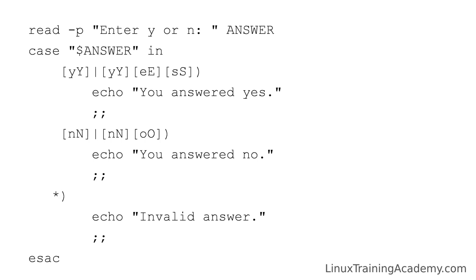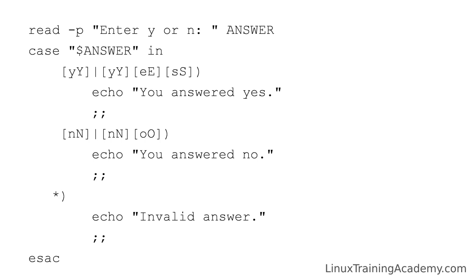The first character class in this example is lowercase y and uppercase Y. So if the user entered a lowercase or an uppercase y, the first pattern will match, and then "You answered yes" will be echoed to the screen. Also, if the user entered YES using any combination of upper or lowercase letters, the pattern following the pipe will match, and "You answered yes" will be echoed to the screen.